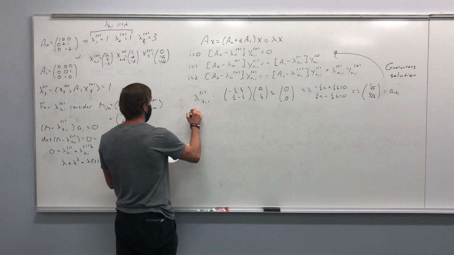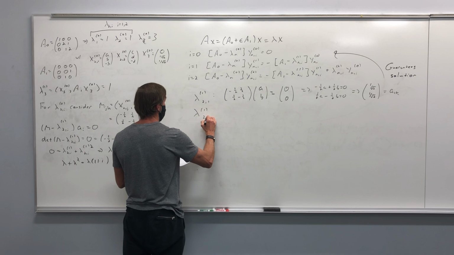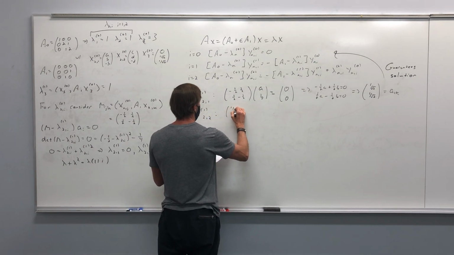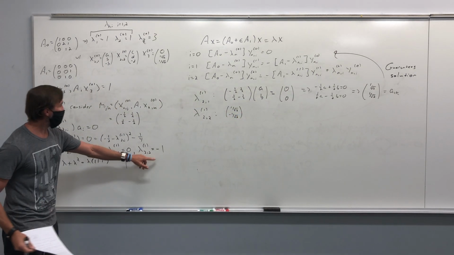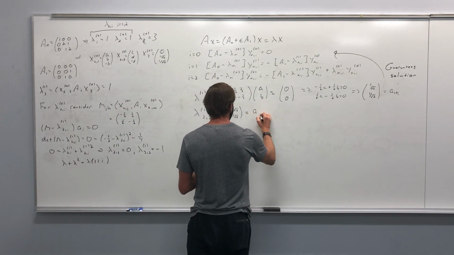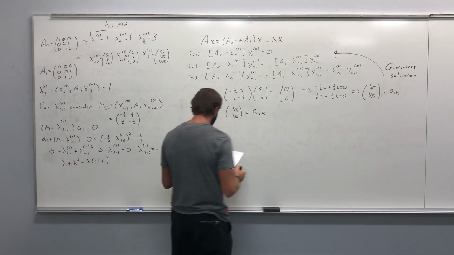And then similarly, if I do lambda 1,2,2, then I end up with 1 over root 2, minus 1 over root 2. You can just plug this eigenvalue into this expression and find the eigenvector. And that gives me the corrections 2.